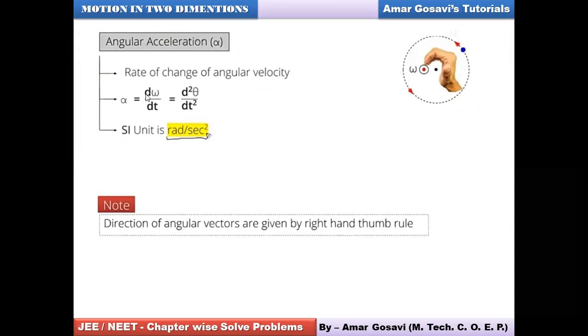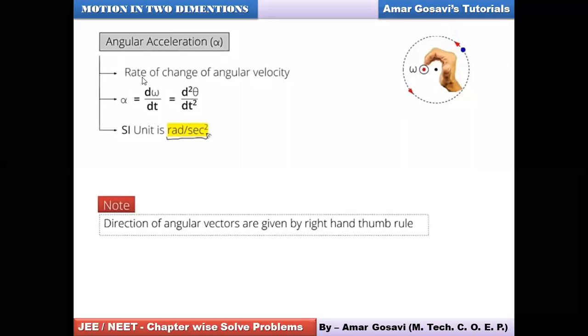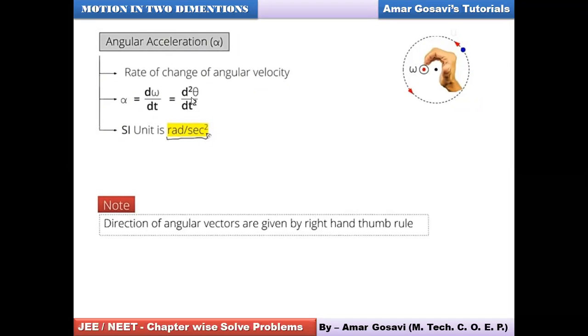So alpha is given as d omega by dt, where d omega stands for change in velocity and dt stands for change in time, that is the rate, basically. How it is represented in another way, we will talk about when we understand calculus better. You can represent alpha in that manner also, but let's not discuss this at this moment. So d omega by dt is the right notation, and the unit for it would be radian per second square.